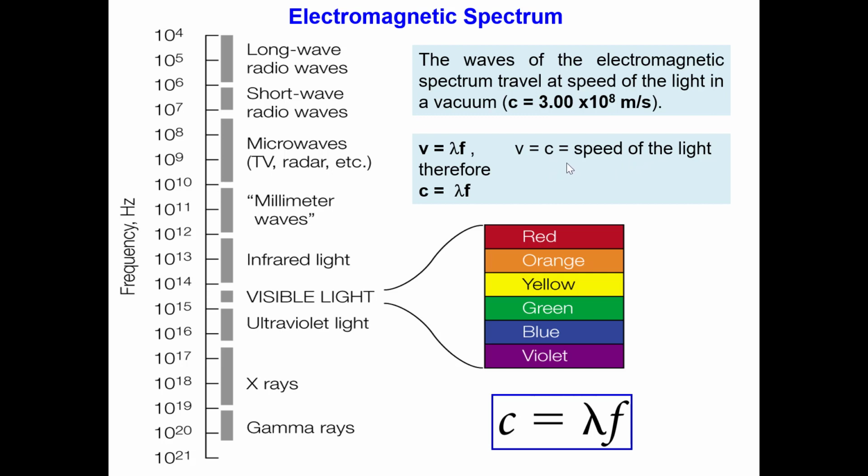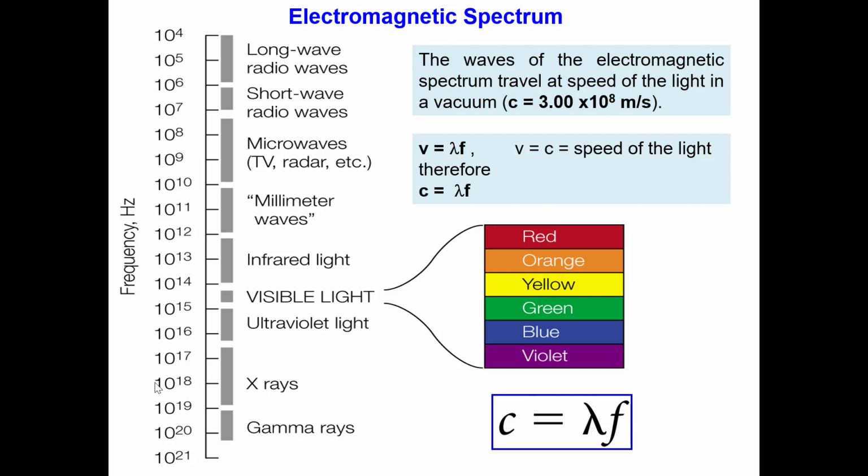The letter we use to represent the speed of light is c. This is why we replace v, the velocity or speed, by c, which equals the wavelength of the wave times the frequency of the wave.